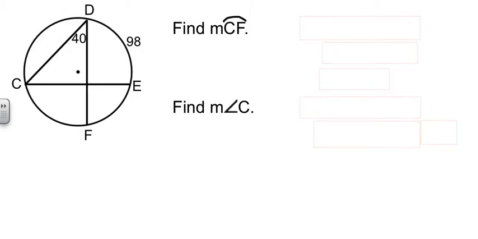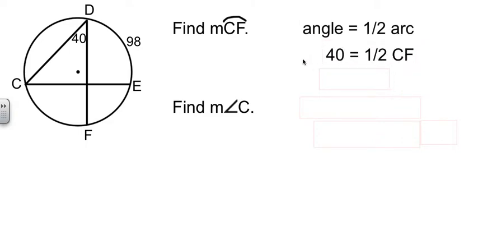So let's do a little bit of work here with these. We're going to look for the measure of arc CF. And we know this inscribed angle at D is 40. Well, if this inscribed angle at D is 40, the angle is half of the arc. 40 is half of arc CF.